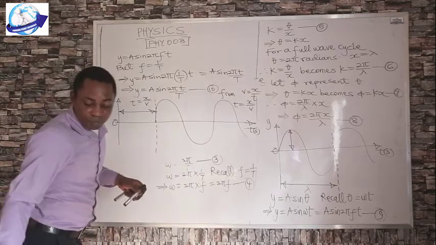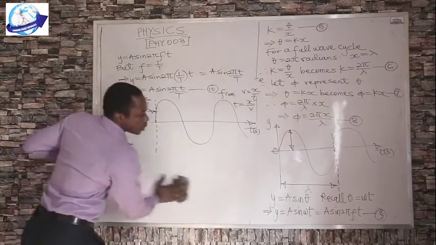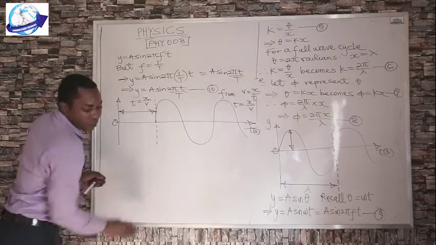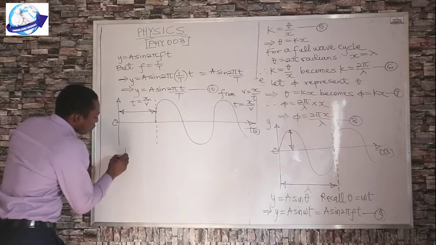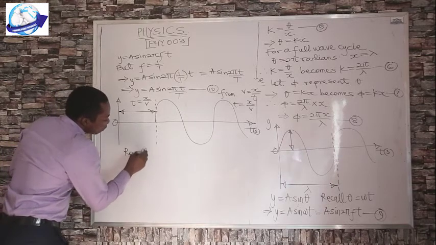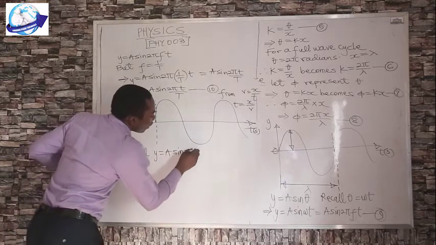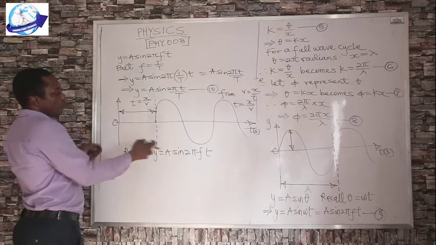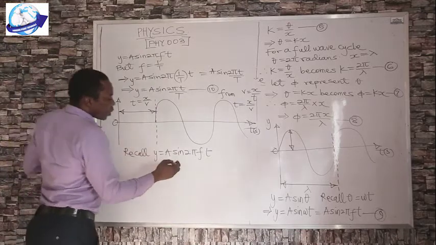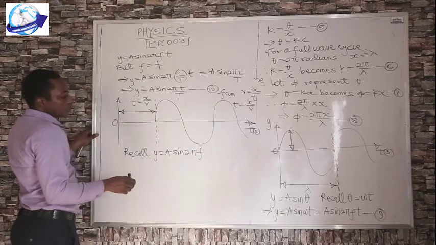Now, if we consider what we have from equation 9 of the wave equation, let's recall that y is equal to a sine 2 pi ft. Now there's a time difference, and the time here is not going to be ordinary t, but what is the right t?